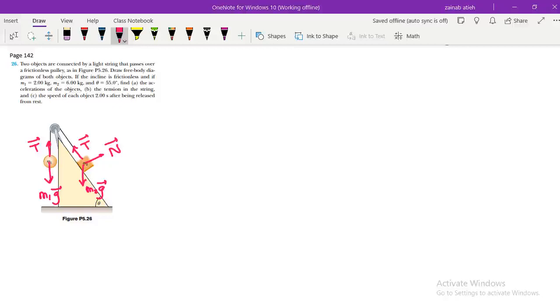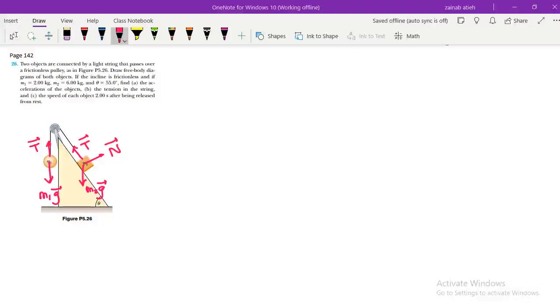Before applying Newton's second law to each object, there's something important. I have to indicate the direction of motion of M1 and the direction of motion of M2 because I need to know the direction to project. We always do the projection along the direction. The positive is with the motion and the negative is the force opposite to motion. So here I have M1 equals 2 kilogram and M2 is equal to 6 kilogram.